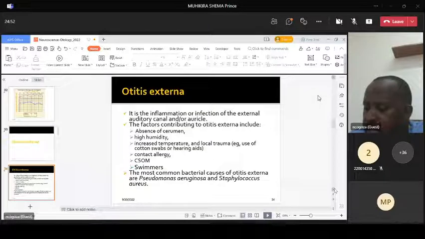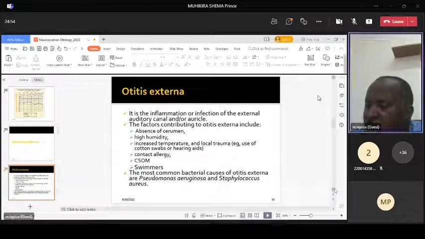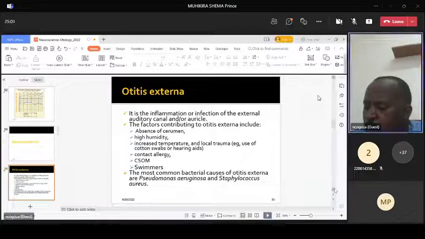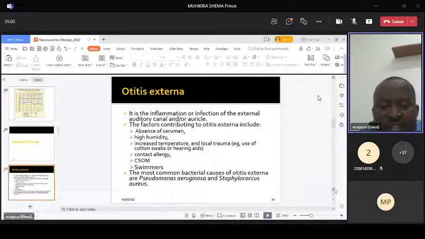Yes. So if you understand the features of inflammation, it's really very easy to understand, because any problem causing features of inflammation in the pinna or outer canal is otitis externa.